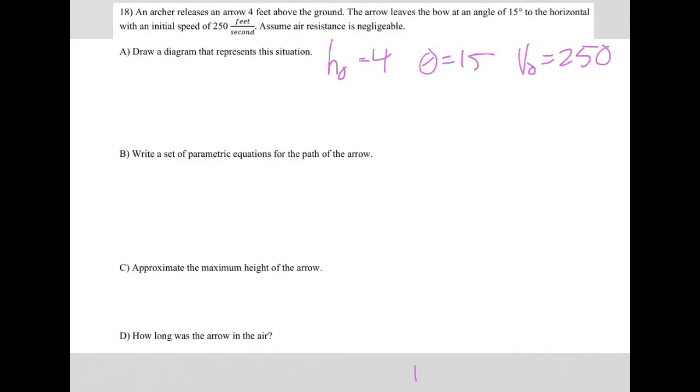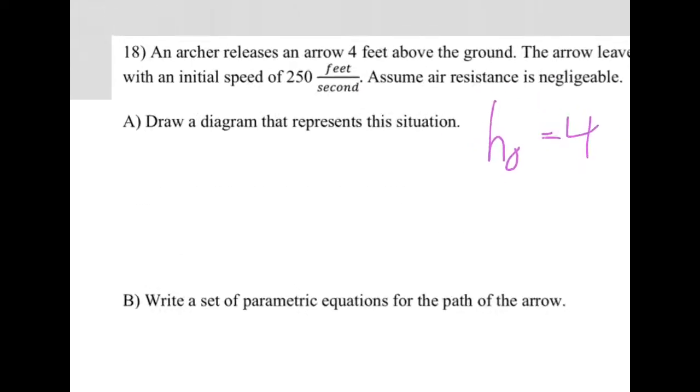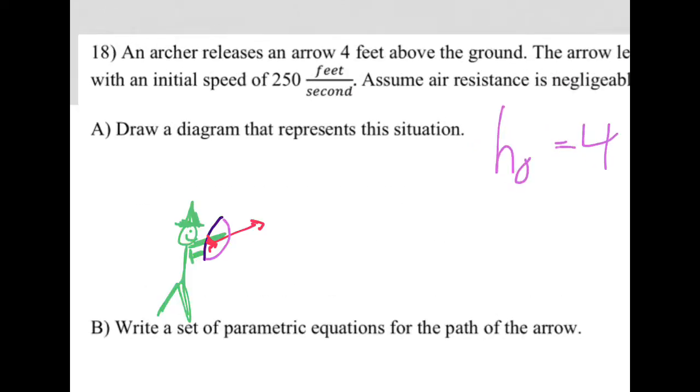And again, let's not worry about air resistance, because that's going to make our lives a little more difficult. So let's draw a pretty good diagram that represents this situation. And look, just like magic, we have a little drawing. And so Robin Hood is going to shoot this arrow. It's going to hit at some X value.